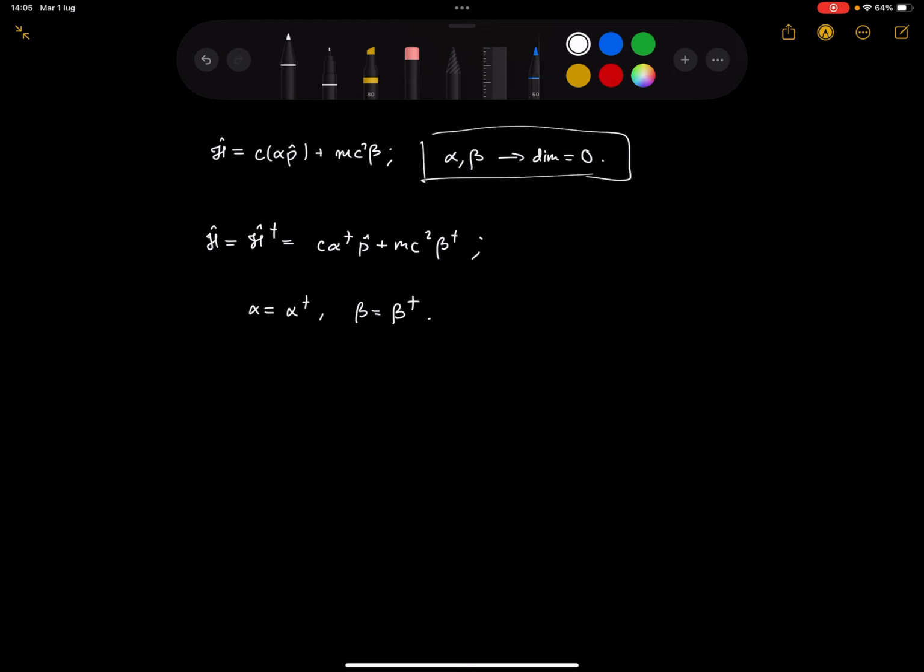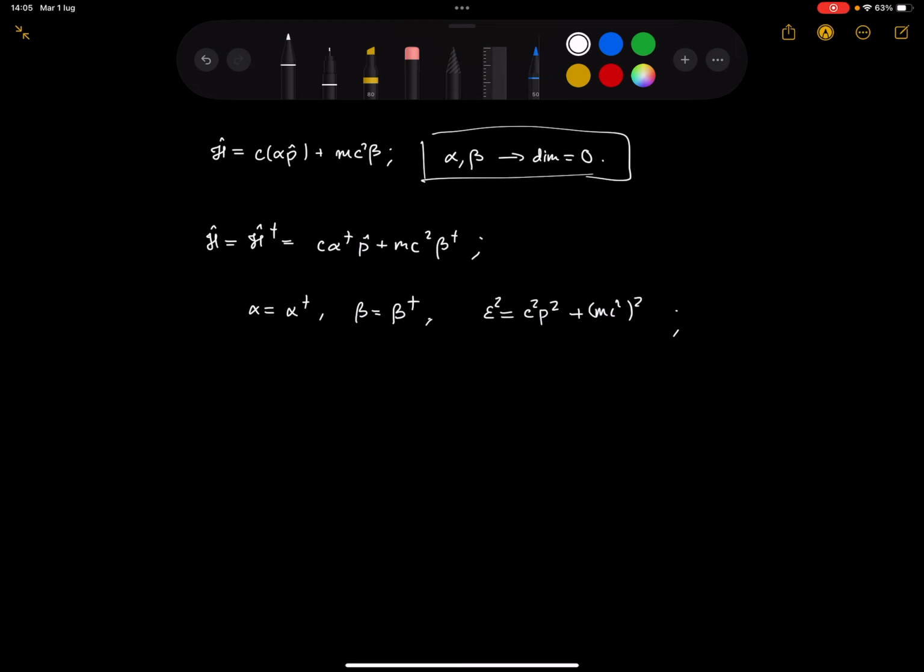And the energy of motion, as we have written by the relativistic relation, is equal to c squared p squared plus (mc squared) squared, right?